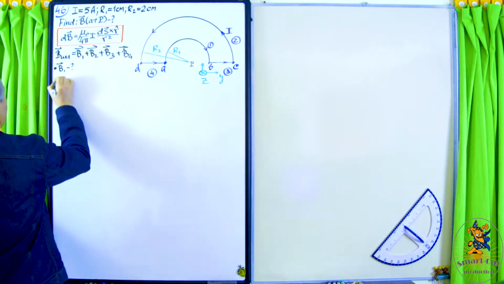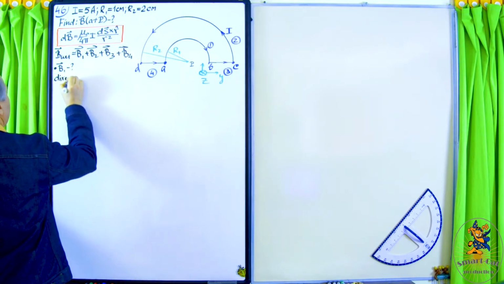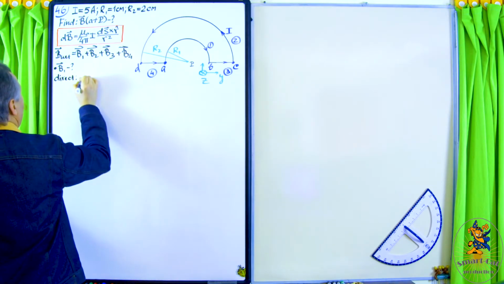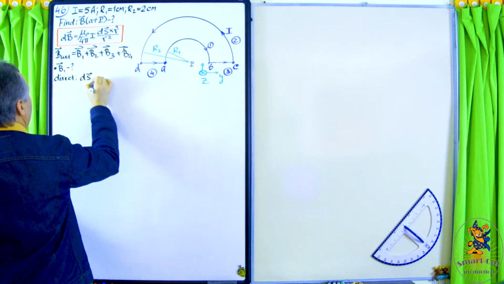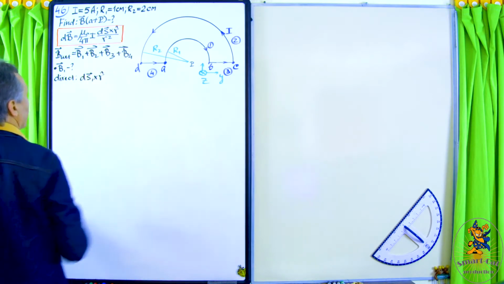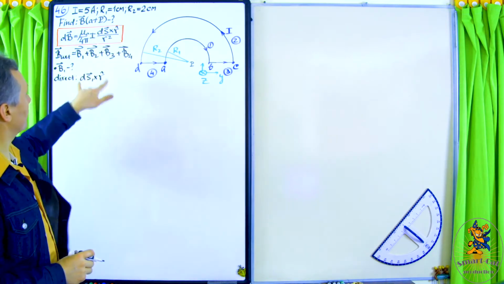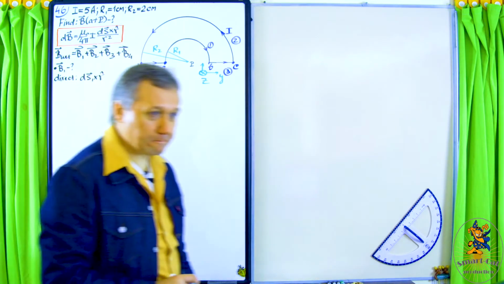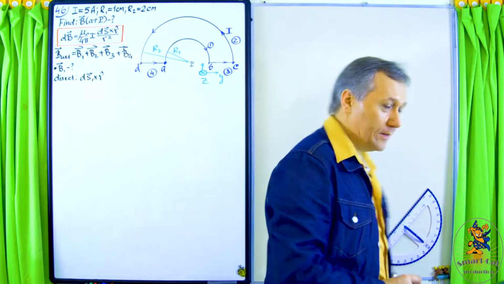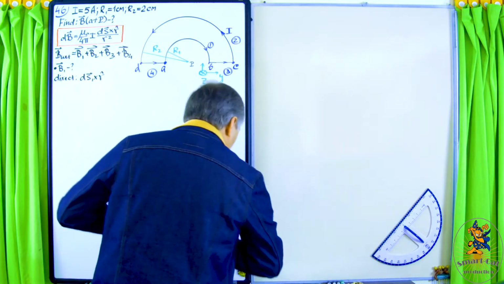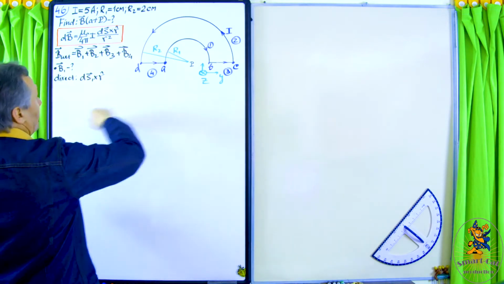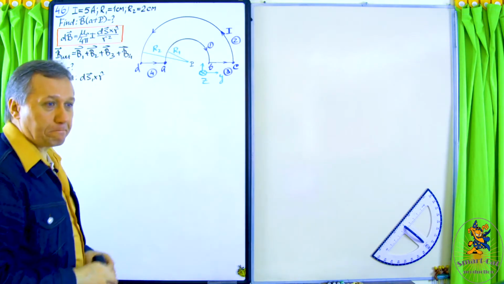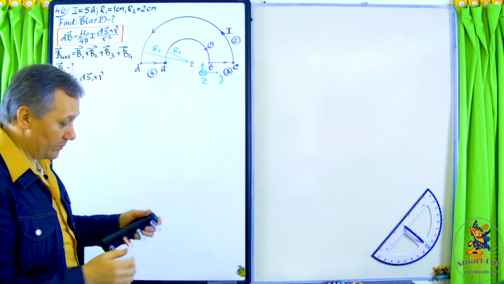So first, let me take care of the direction. Let me write ds cross r hat, so I just rewrote it over here. Okay, let's draw it on a picture. ds1 is a small section in the first semicircle.